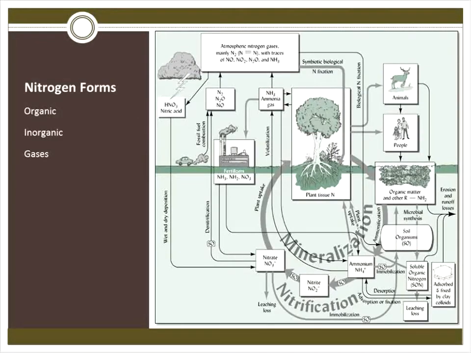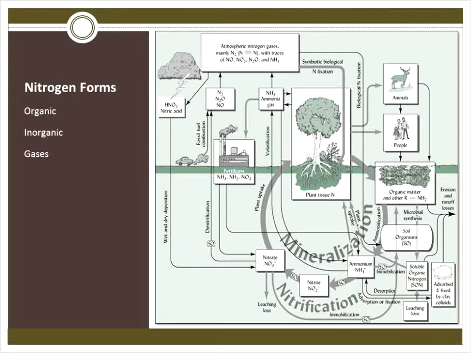So the first nitrogen forms that we're going to talk about will either be organic nitrogen forms, inorganic nitrogen forms, or gases. Organic nitrogen forms are tied up in the soil organic matter and the soil microorganisms. The organic sources that we actually put on the surface from animal waste or biosolids would also be organic forms of nitrogen.